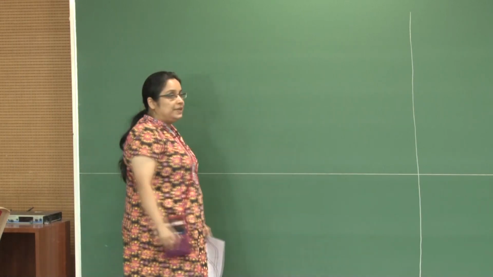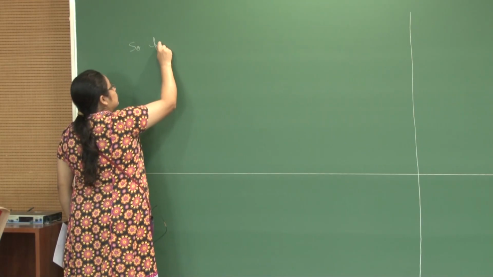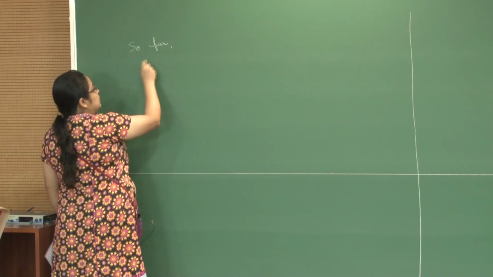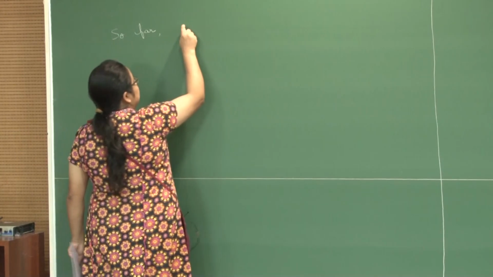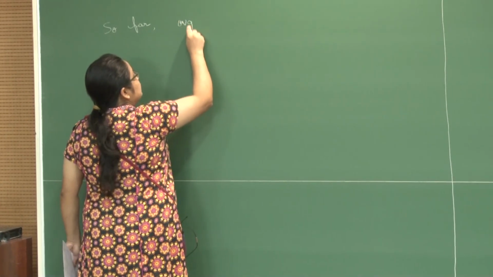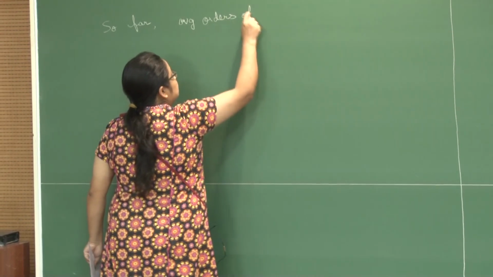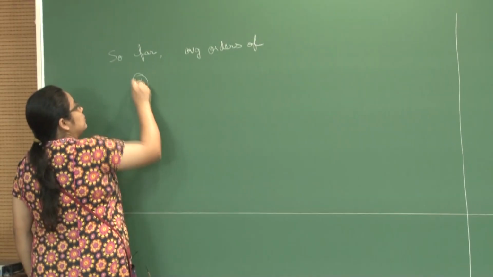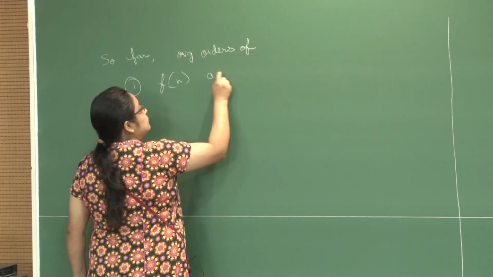So we resume our lectures again after the mid-sem exam and the mid-sem break. So far we have learned about different techniques to evaluate average orders of functions which are additive.